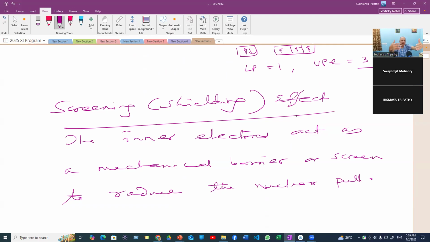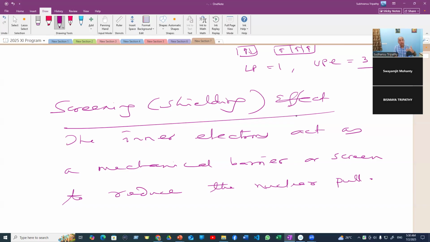This is a mechanical barrier obstructing the nucleus to see clearly the valence electron, because it is the valence electron which is responsible for all chemical properties. So the valence electrons get less nuclear pull because of the screening effect.